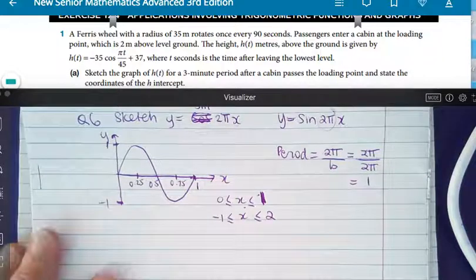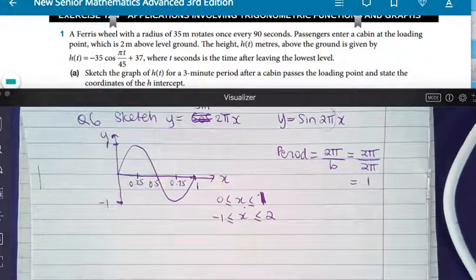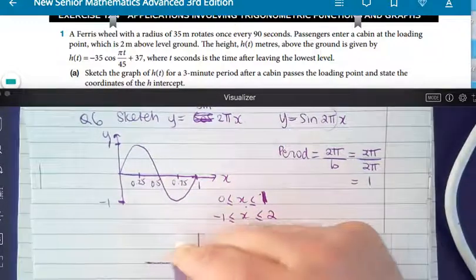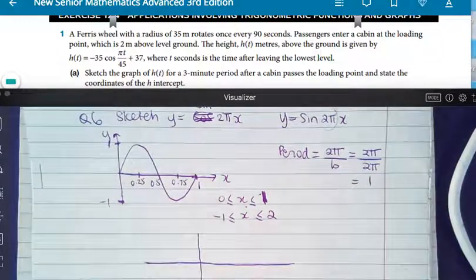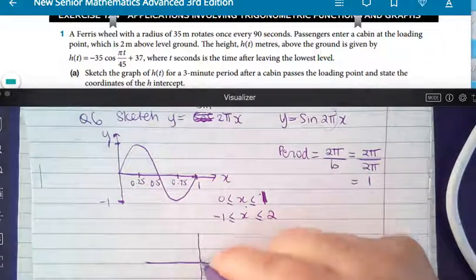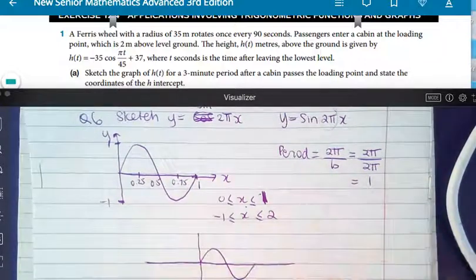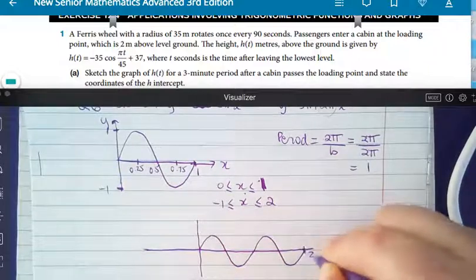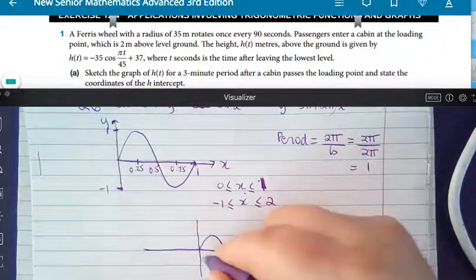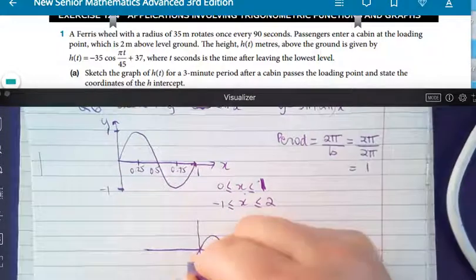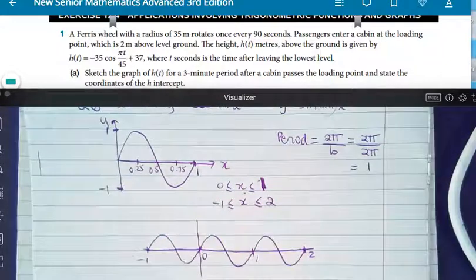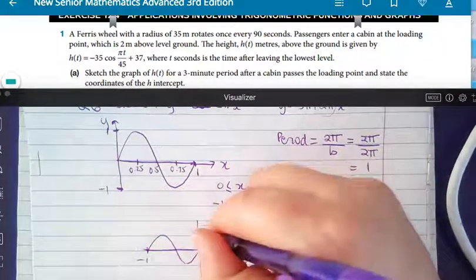So how many periods do I have to do? You'd need 3 periods. 1 backwards one and 2 forward ones. So you would have 1, 2. So if you were doing it from -1 to 2, it would look like this. -1. Okay? So that's what they wanted for that particular question there.